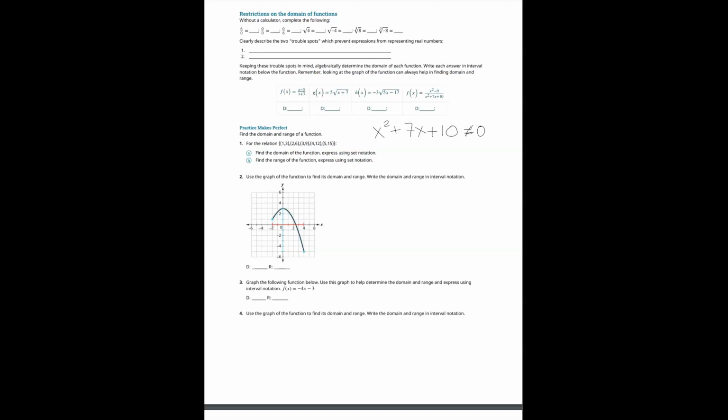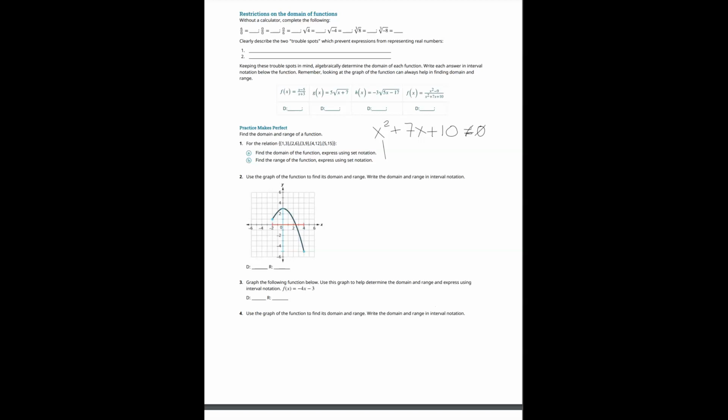Now, factors of 10, same sign, that are going to add to give us 7. Since this sign is positive, this means they both get pluses, right? So what is that going to be? You got it. 5 and 2. x squared, turn it around, that tells us there's 2 x's.